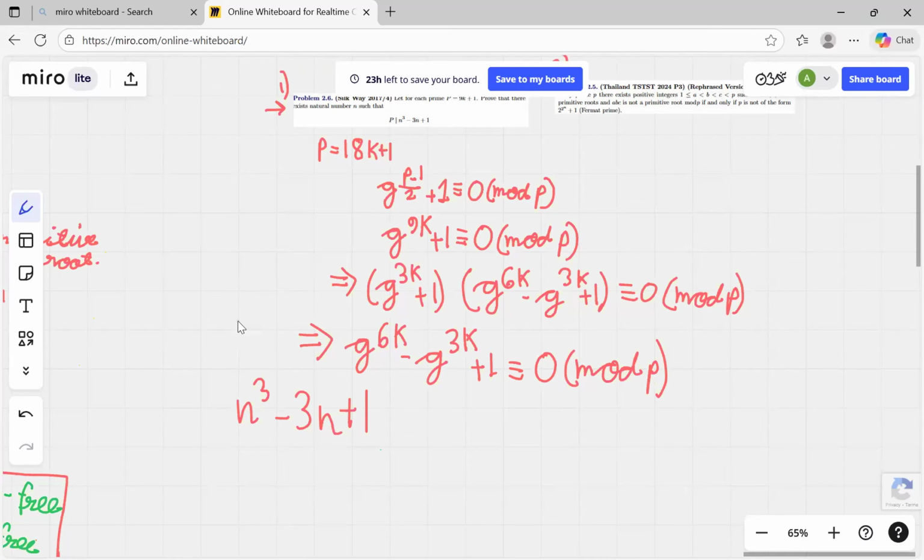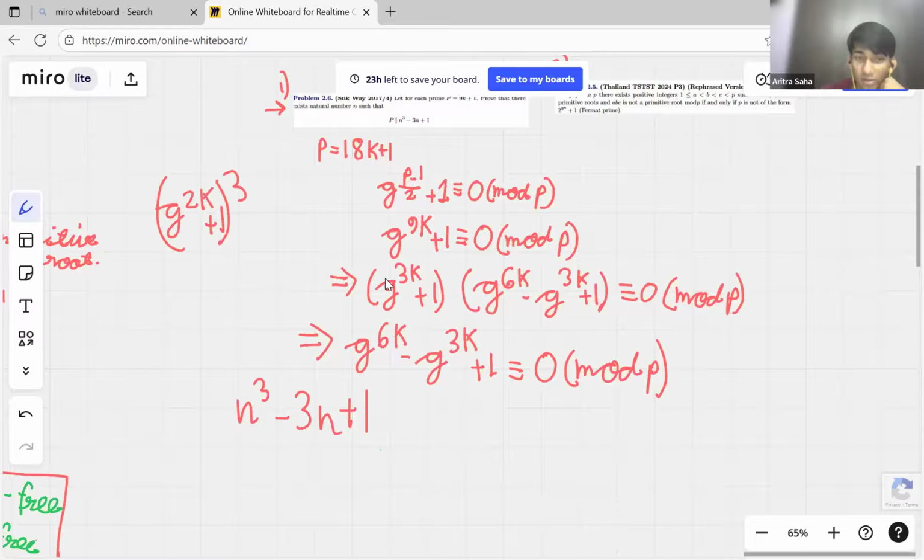Can we look at g to the power 2k plus 1 whole cubed? Sure, that will give us g to the power 8k plus 3 into something, but there will be square terms. Will that help us really?